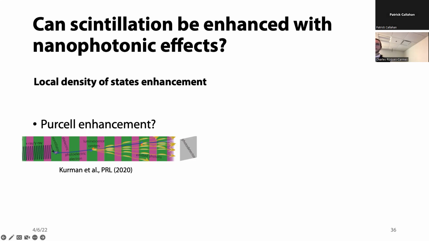And the local density of states is patterned or shaped along this direction in order to get stronger spontaneous emission in the scintillator layers. So this is a sandwich of a scintillator and some other dielectric structure. And each layer has a thickness on the order of a few hundred nanometers at most.